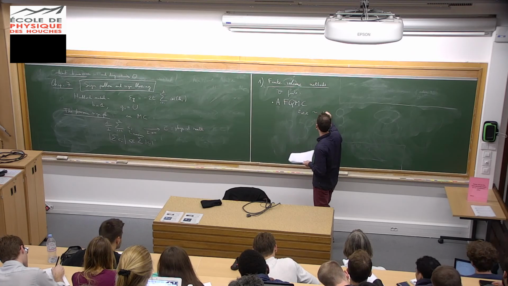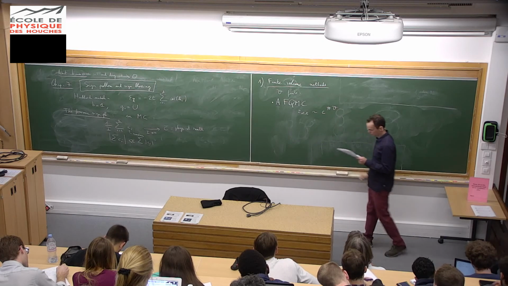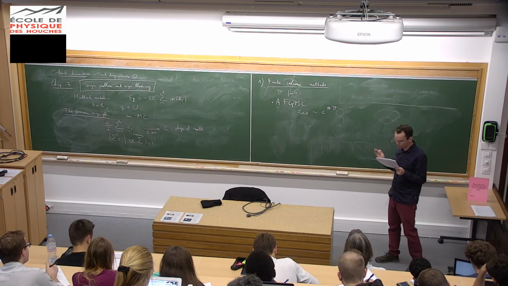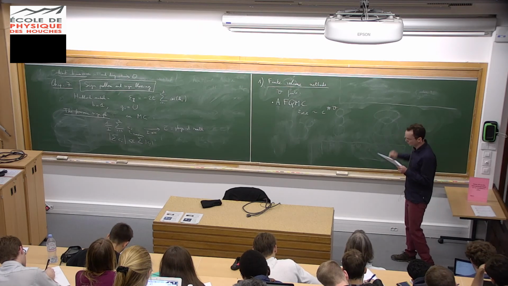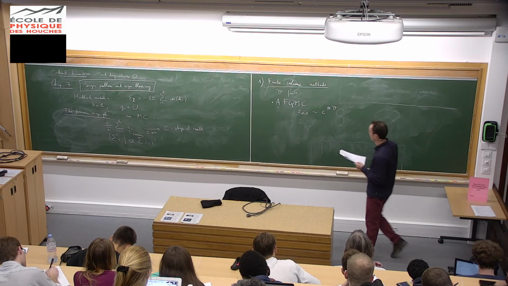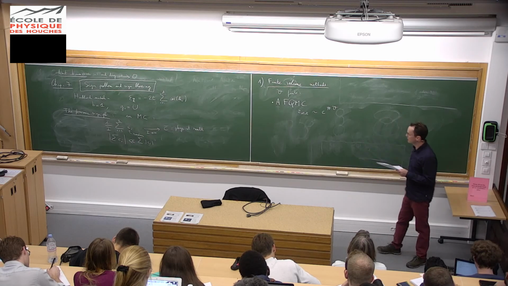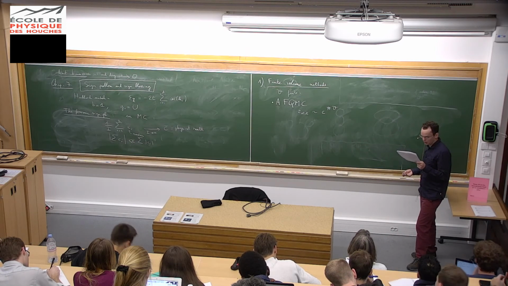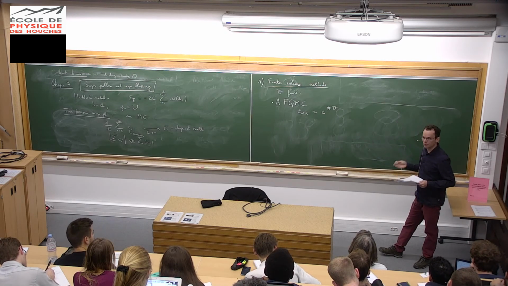When you increase the volume, it will grow exponentially with the volume. There is an exception, which is if you are at half filling, then there is no sign problem. But let's forget about this particular case. In practice, this very quick increase as a function of volume is really prohibitive. So basically, it prevents you from reaching the thermodynamic limit.